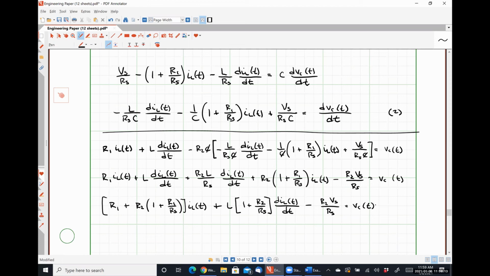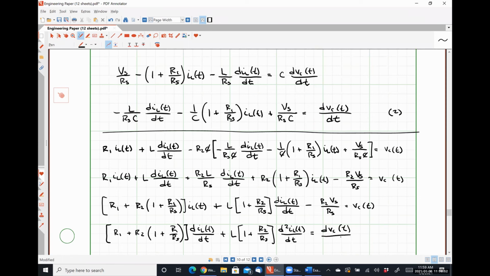So when I take the derivative of this guy, what I'm going to get is R1 plus R2 times 1 plus R1 over RS times the derivative of IL of t with respect to time plus L times 1 plus R2 over RS multiplied by the second derivative of IL with respect to time is equal to the derivative of Vc with respect to time. So let's call this guy equation 3.